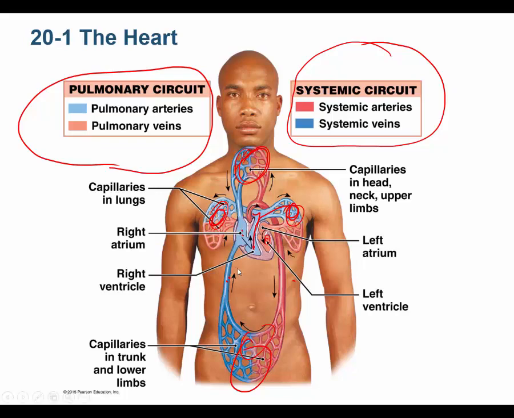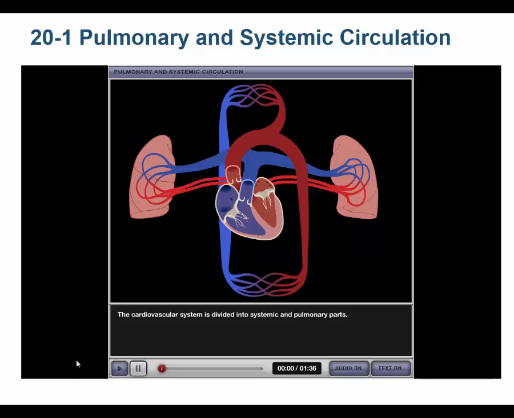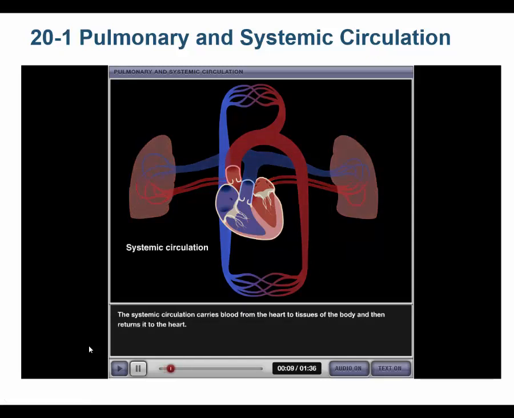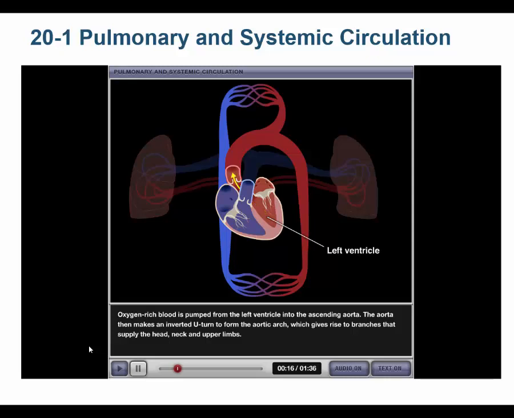All right, so pulmonary and systemic circuit. The cardiovascular system is divided into systemic and pulmonary parts. The systemic circulation carries blood from the heart to tissues of the body and then returns it to the heart. Oxygen-rich blood is pumped from the left ventricle into the ascending aorta. The aorta then makes an inverted U-turn to form the aortic arch, which gives rise to branches that supply the head, neck, and upper limbs.